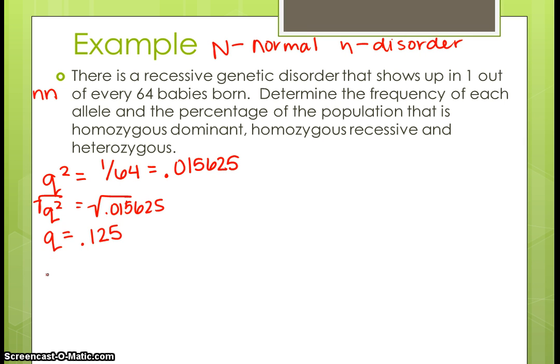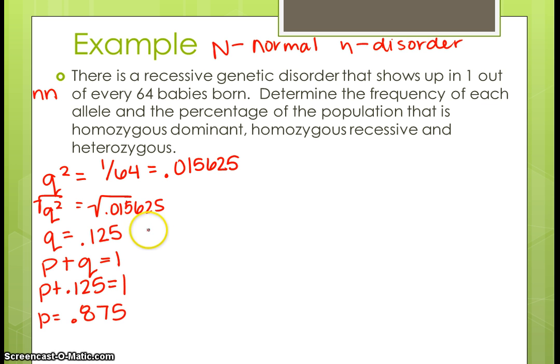Using that information, we can figure out what P is. P, of course, representing how often the gene big N shows up in the population, because we know that P plus Q must equal 1. Therefore, P plus 0.125 equals 1, and P has to be 0.875.